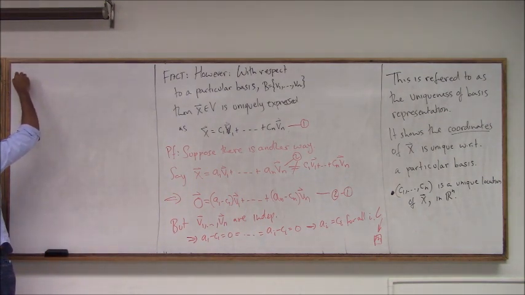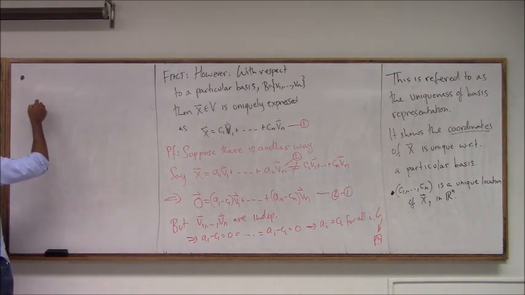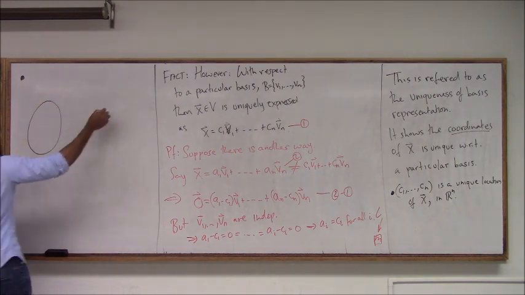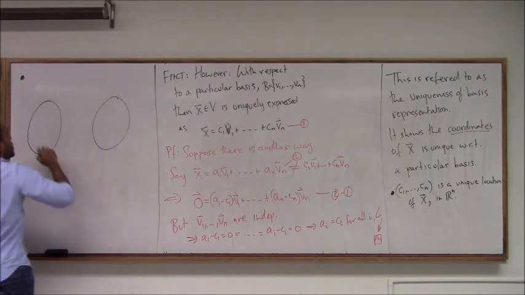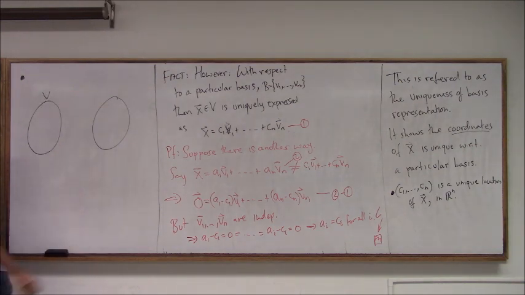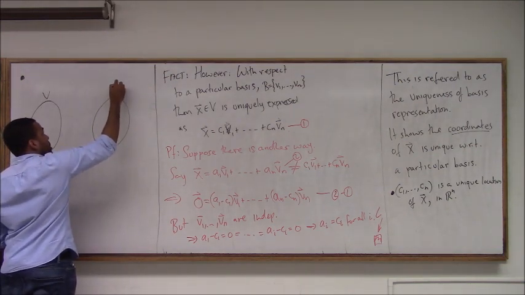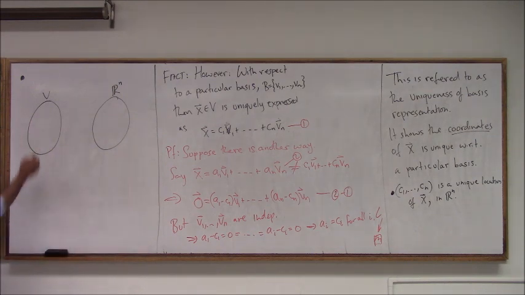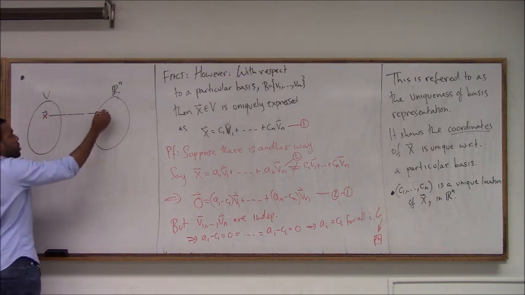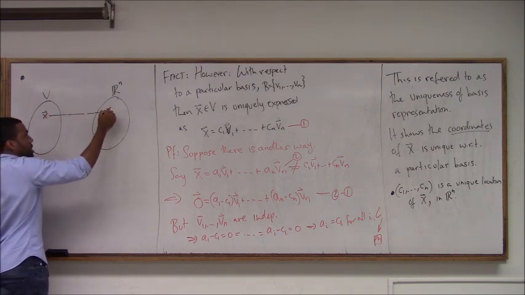Can anyone tell me a bigger consequence? I know we're kind of in a rush here, but we'll end right after this. Let's say here I have a vector space V and here Rn. This basically tells me that a random x here, with respect to a basis, is uniquely identifiable with some vector over here.